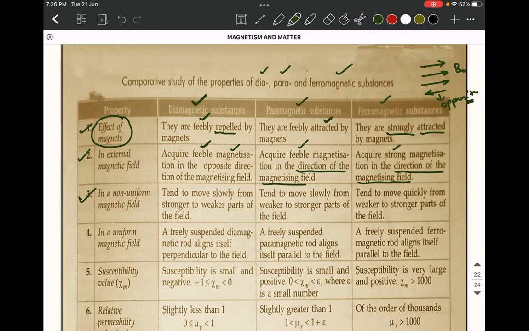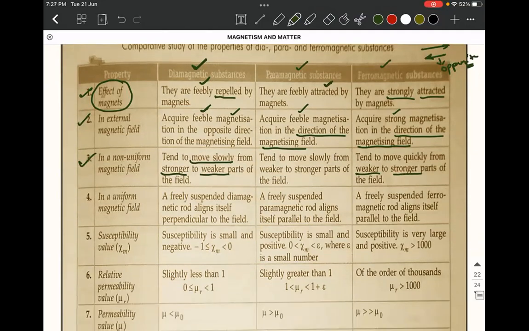So they tend to move slowly. It is not a fast motion. If you observe, the glass started moving slowly, right? From stronger to weaker parts of the field, whereas the paramagnetic substance will tend to move slowly from where? From a weaker to a stronger part of the magnetic field, whereas ferromagnetic will also move from weaker to stronger, but this will be a quick process.